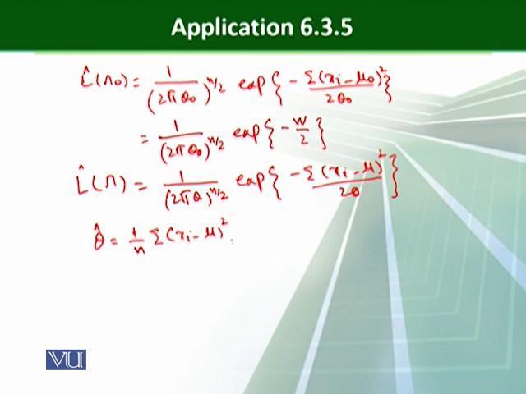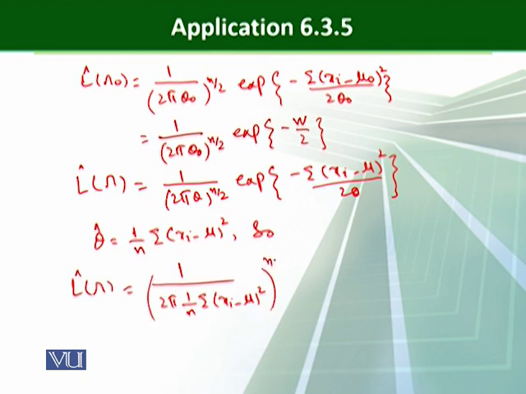So we can write the likelihood function based on the full parameter space as 1 over 2 pi, and in place of theta we write its MLE, that is (1 over n sum of (Xi minus mu) square) whole raised to power n by 2.